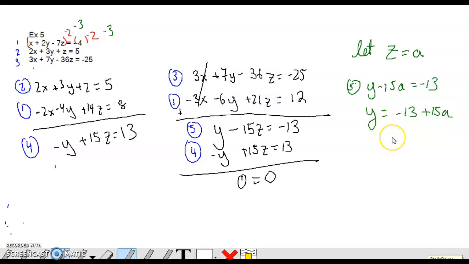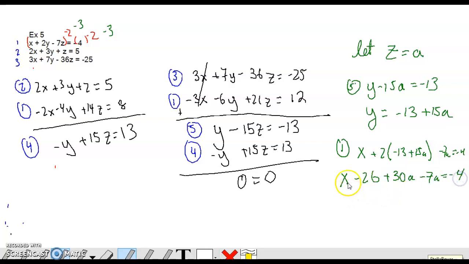So now what I need to do is solve for x. So I'm actually going to use the first equation because my x is by itself. So x plus my y, which is now negative 13 plus 15a, minus 7a is equal to negative 4. So x, and this will be minus 26, and then plus 30a minus 7a equal to negative 4.